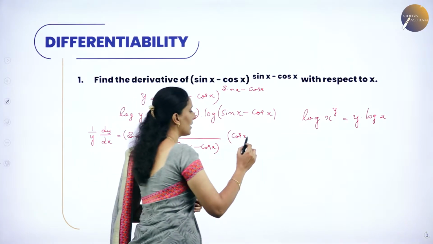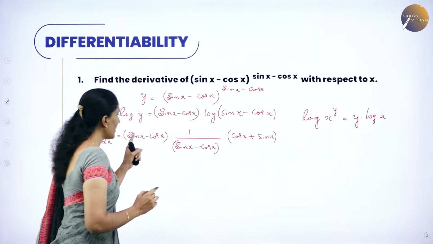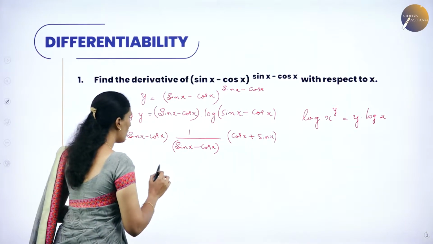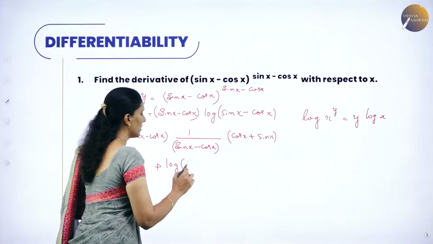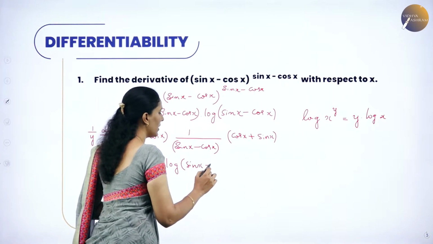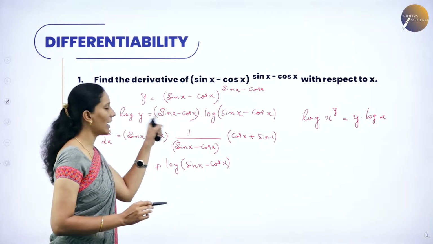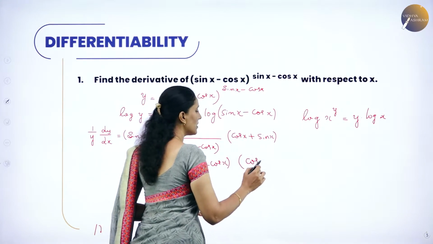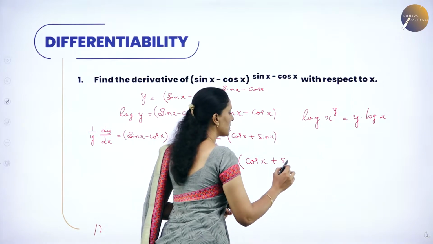You have minus here, it becomes plus sin x. So first function into differentiation of the second is complete. Now second function, that is log of (sin x minus cos x), into the derivative of the first. Again here the derivative of sin is cos and derivative of cos is minus sin, which becomes plus sin x.